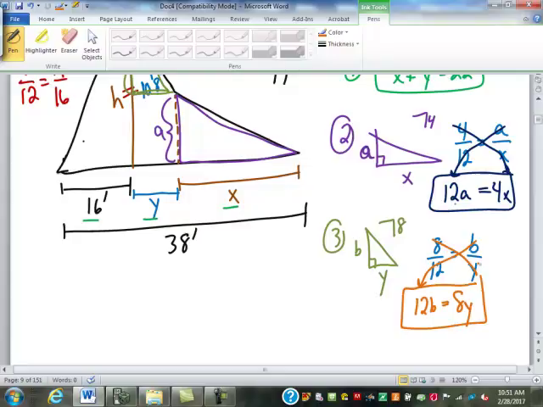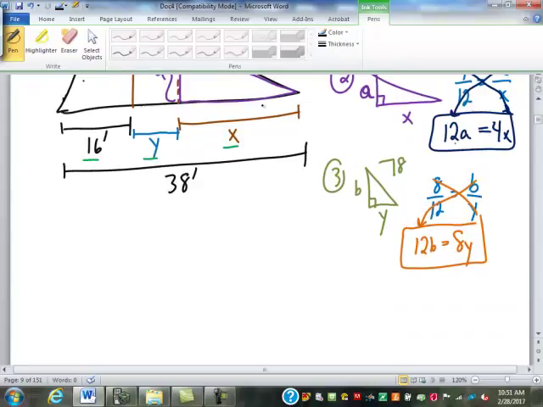Now I could substitute those in up here to equation number 1. Remember, equation number 1 was x plus y equals 22 after we subtracted out that 16. If I substitute those in, I'm going to divide this by 4, right? To get x equals 3a. Does that make sense? See what I did there?